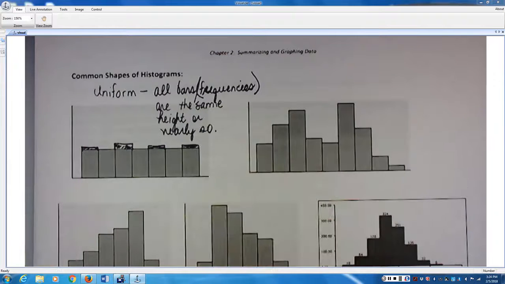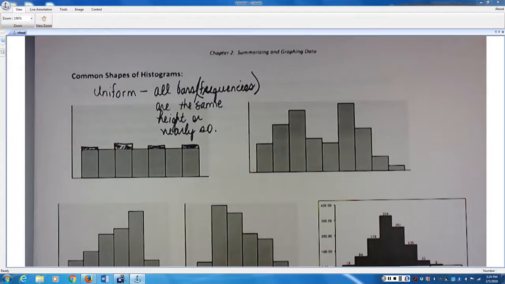They're still all relatively the same height. There's not a lot of difference in their heights. The heights or the frequencies don't differ by more than one or maybe two, one way or the other. They're all pretty much the same. Okay?